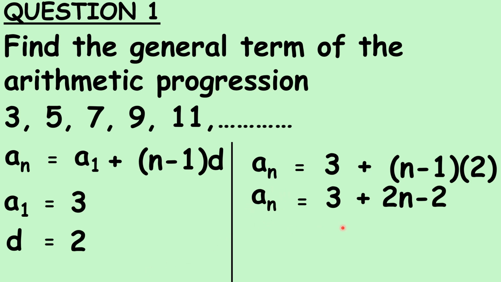Now 3 and minus 2 are like terms, so 3 minus 2 is plus 1. So we have a_n is equal to 2n plus 1. So this is the general term of this particular arithmetic progression.